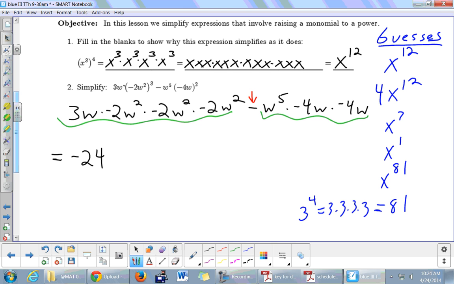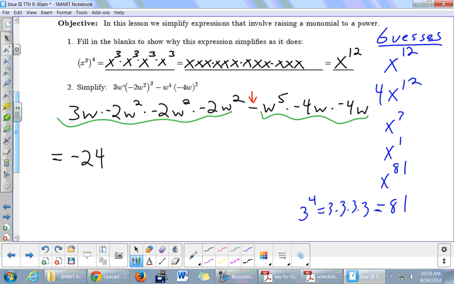And then the other things that are still left over, underlined here in green, are all the w's. I'm not going to do a shortcut, but I'm also not going to write them all out. I'm going to do kind of a combination. I'm going to envision seeing them all written out. So I have a single w here, then I have ww. So how many w's do we have so far? 3, and then you have ww, which is 5, and then ww is 7.